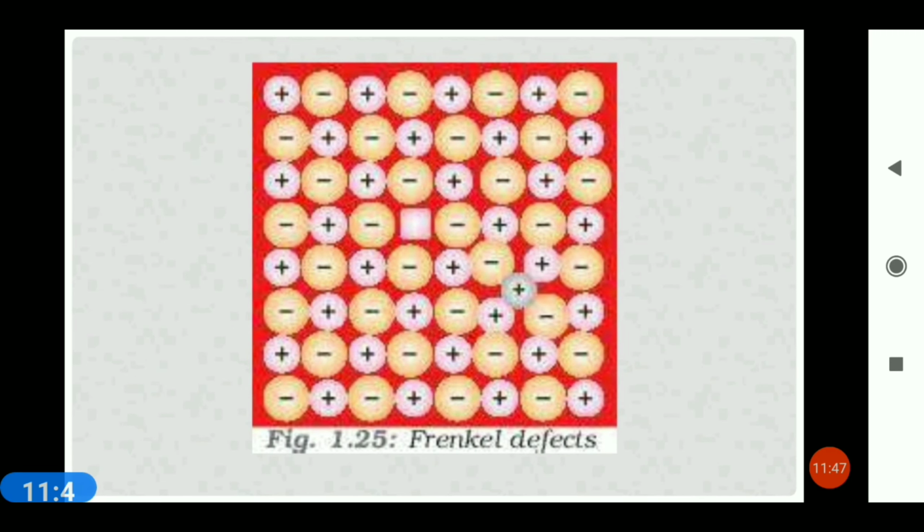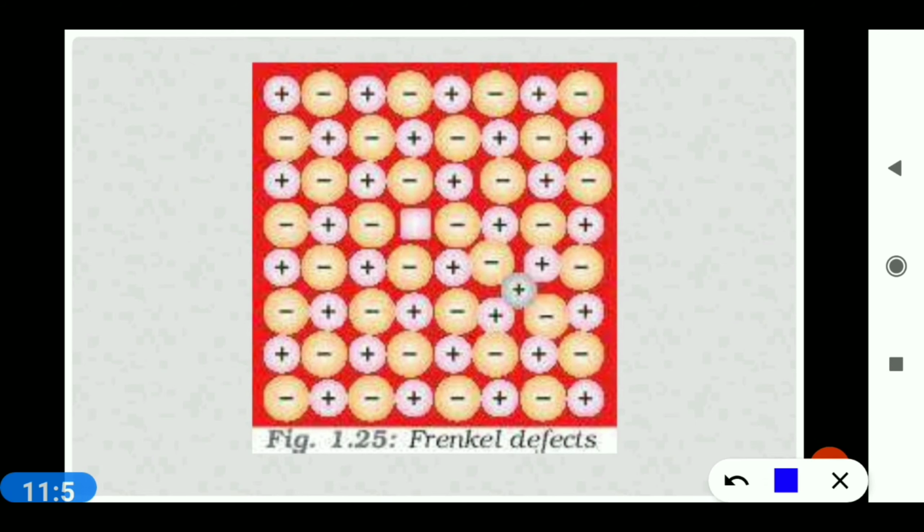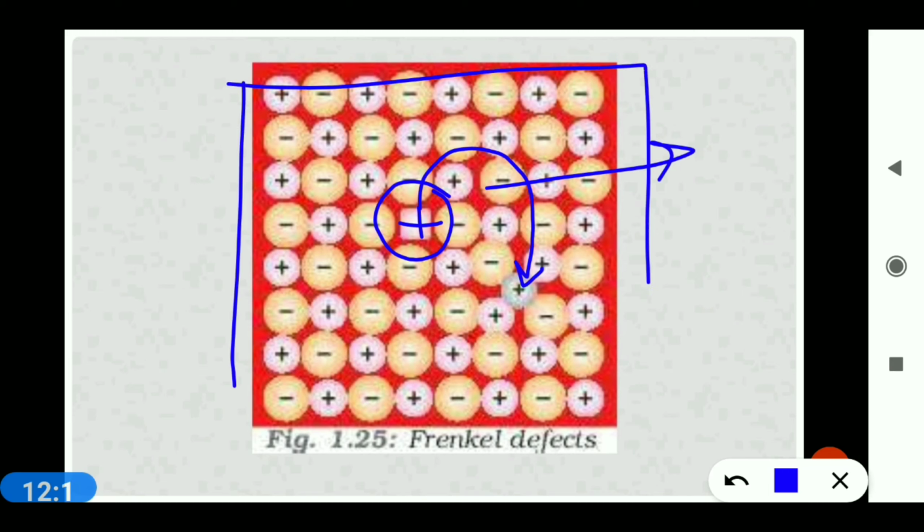You can see in the diagram here, a positive charge should be here. This positive cation is missing from the crystal lattice, but it moves into the interstitial space. So it is not going out or creating a vacancy like Schottky, but stays within the crystal.